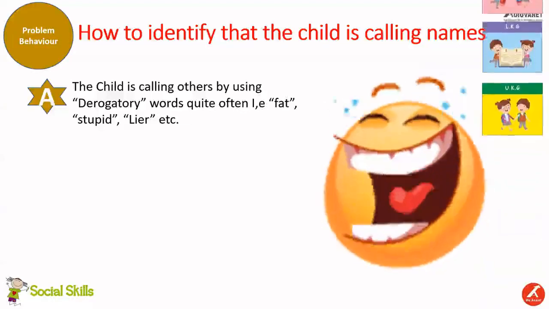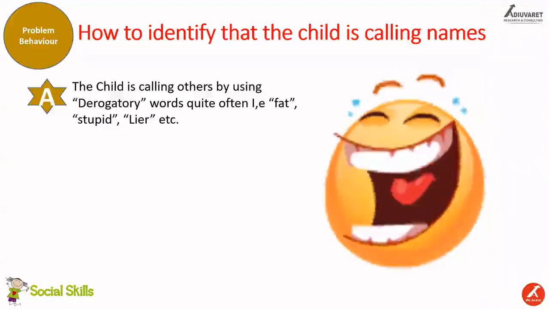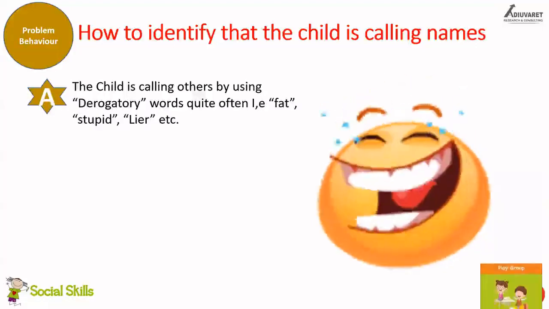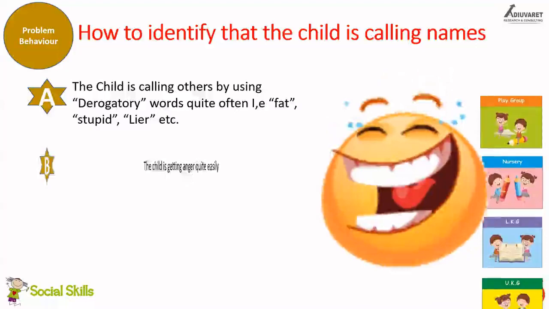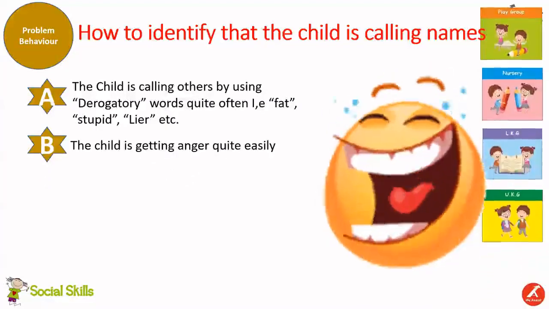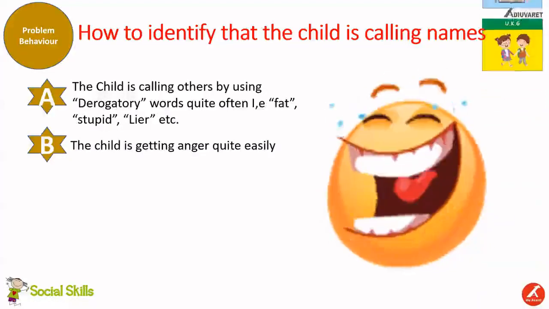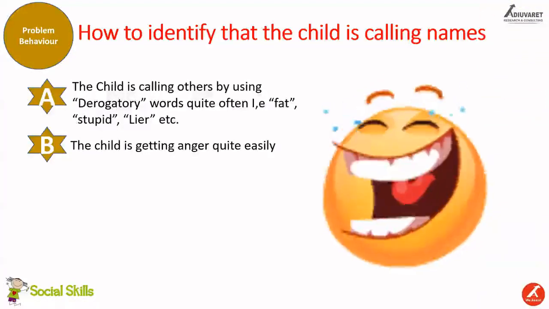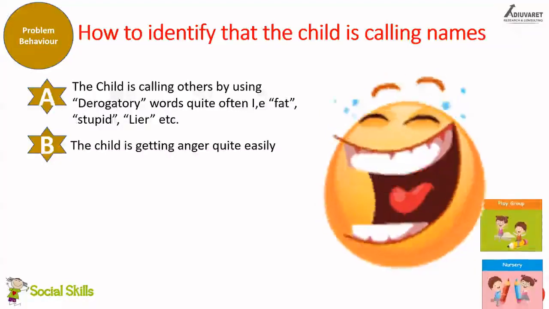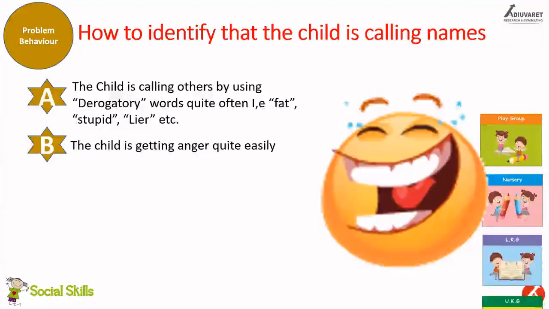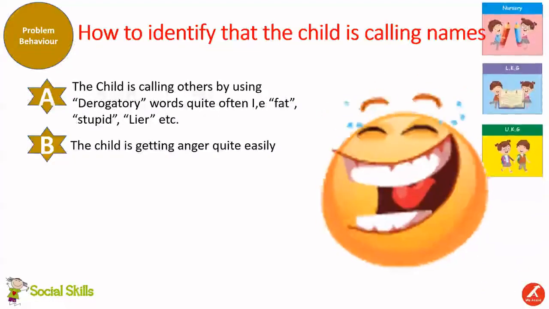Therefore, we must understand that, and we must, as parents and teachers, refrain those who are involved in such kind of negative social behavior. And the children who use this particular behavioral trait are observed to get angry quite easily.